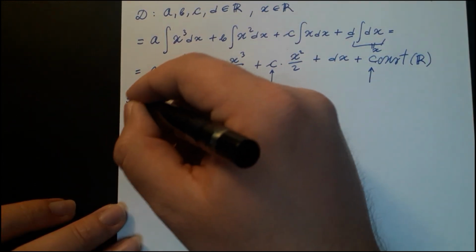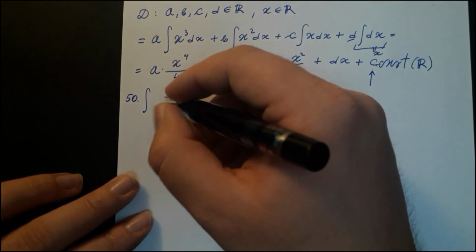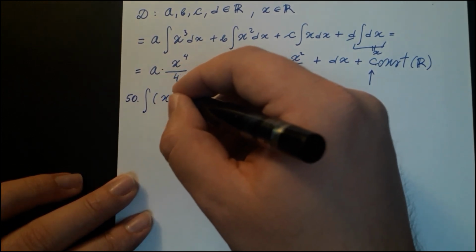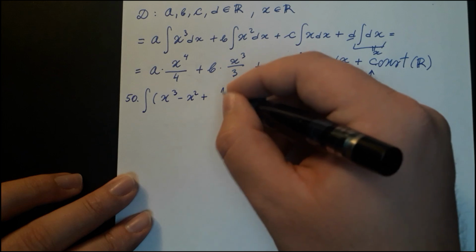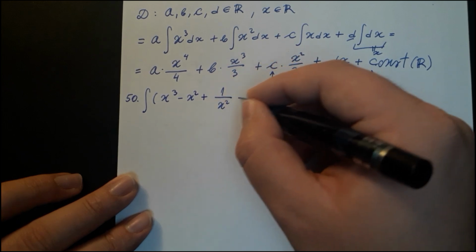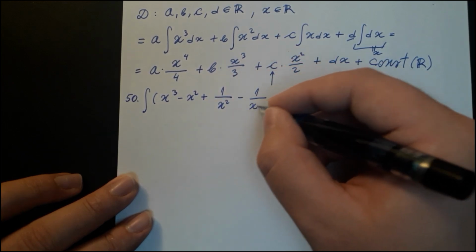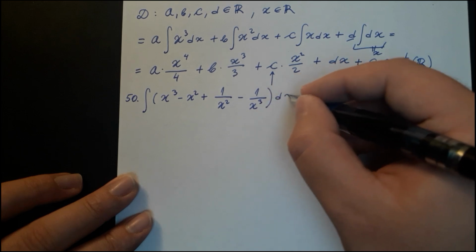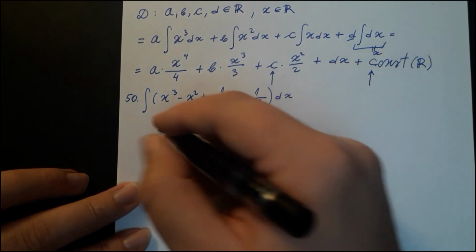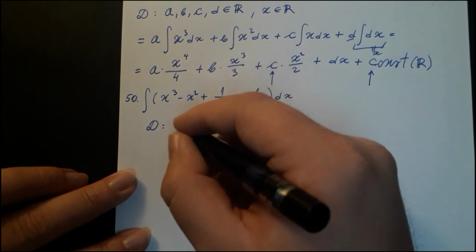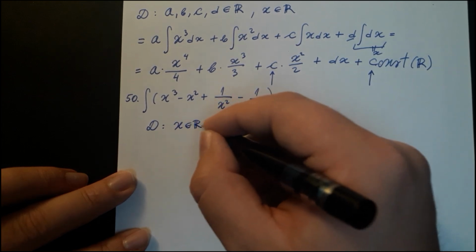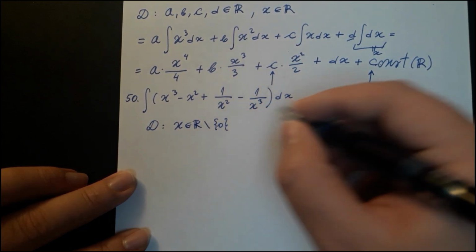Integral number 50 on our list is an integral of x cubed minus x squared plus 1 divided by x squared minus 1 divided by x cubed dx. This integral is defined for all x's which are real numbers except the number 0.